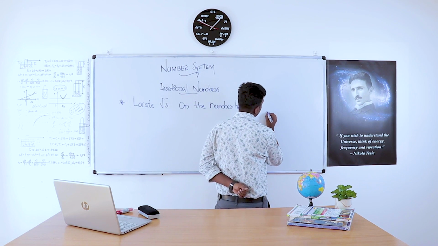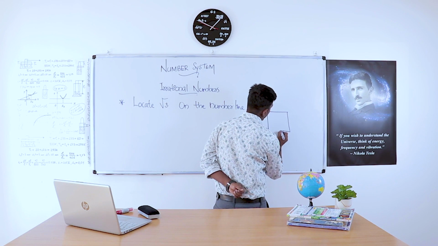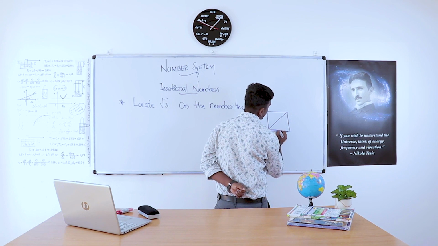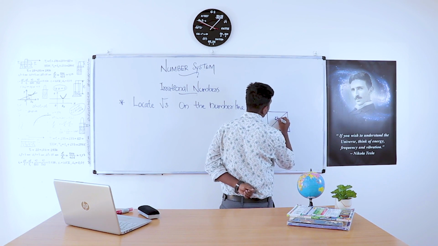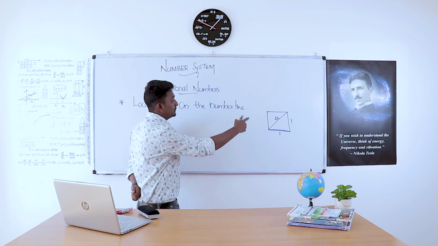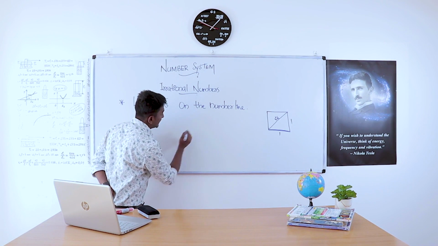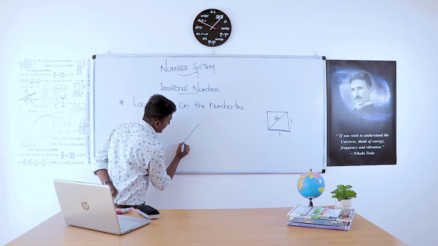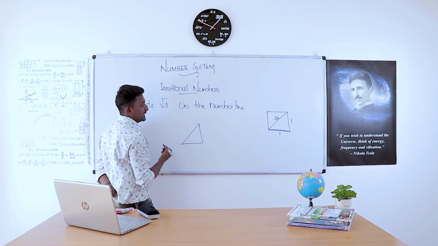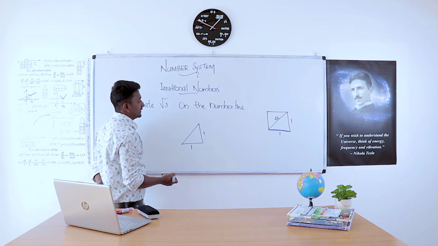We know that when we consider a unit square, the diagonal of the square gives root 2. This is one, this is one. Now I am taking only that right triangle, where base and altitude are unity, 1.